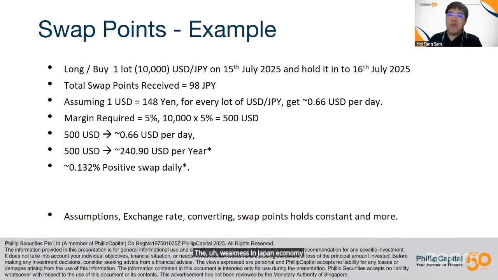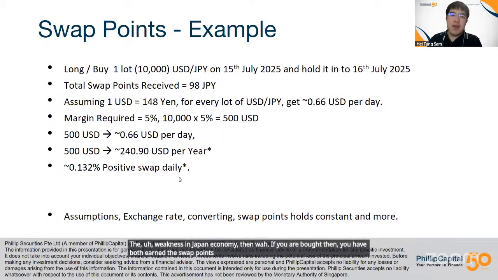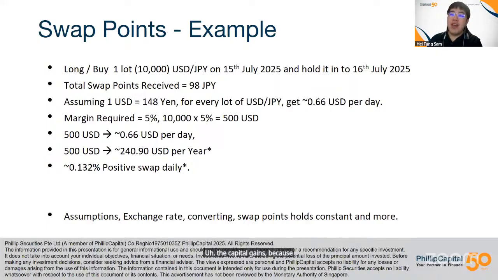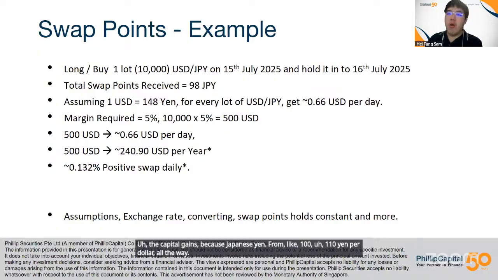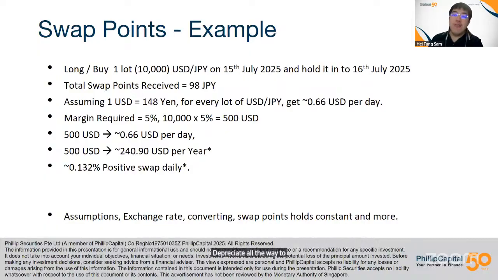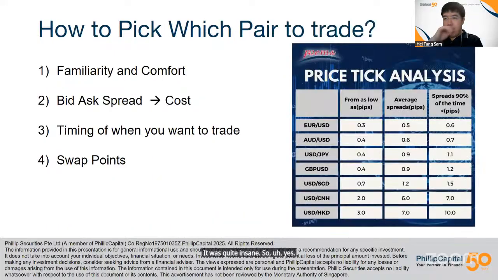Then wow, if you had bought, you would have earned both the swap points, which is around these numbers, and also the capital gains, because the Japanese yen went from like 110 yen per dollar all the way to 140, even 150 yen per dollar, which was quite insane. So yes. Next we'll talk about how to pick which pair to trade.